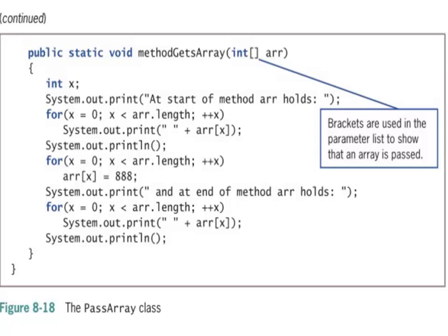Real pass by reference involves passing the address of a variable. With real pass by reference, the called method can assign to its local variable, and this causes the variable in the caller to be updated. But not in Java.